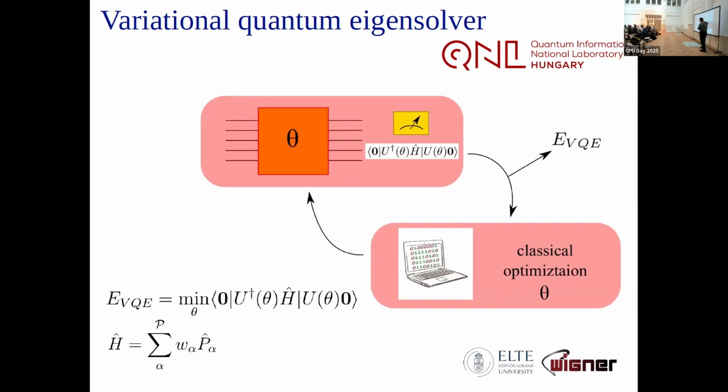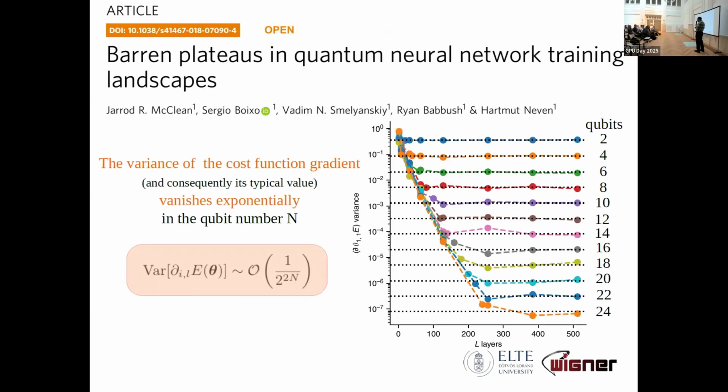The division of the task is that the expectation value of the Hamiltonian, as a very complex numerical task, can be done on a quantum processor, and the classical optimization process to optimize the parameters of the quantum circuit is driven by classical computing hardware.